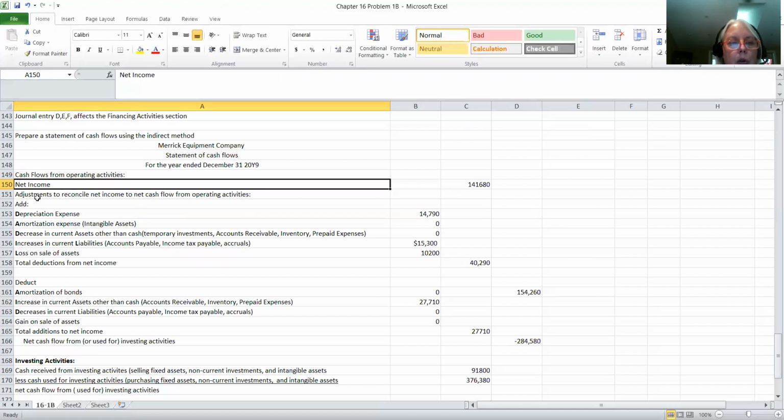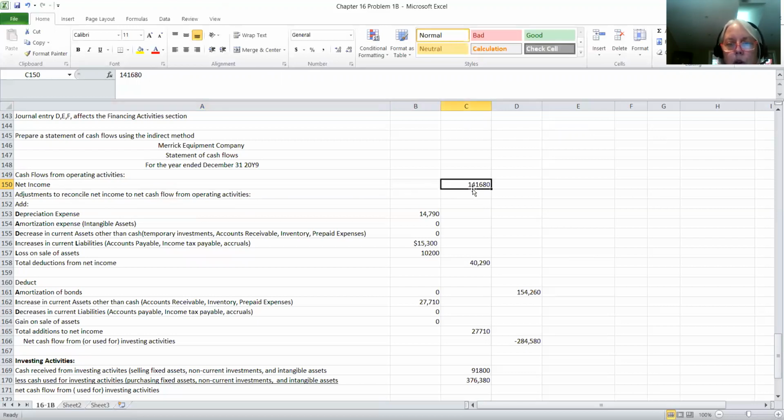Then I'm going to adjust the net income to the cash flow from operating activities. I'm going to reconcile the net income to the net cash flow from operating activities. I'm going to adjust my accrued amount of my income from my income statement to the cash basis of accounting.